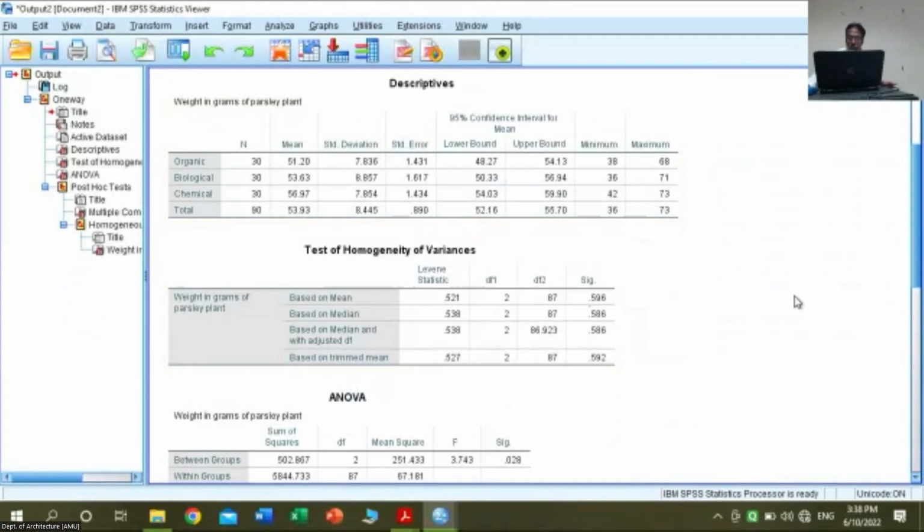In the first row, p value is 0.596, that is greater than alpha. So the variance of all the three populations is the same, because under H naught we stated that sigma 1 square is equal to sigma 2 square is equal to sigma 3 square. That is the population variances for the three populations. Here three populations mean three plots. So all the three variances are the same.